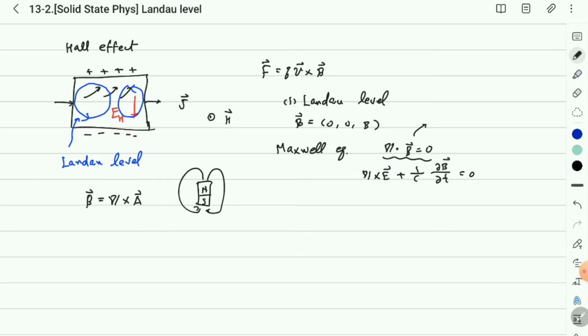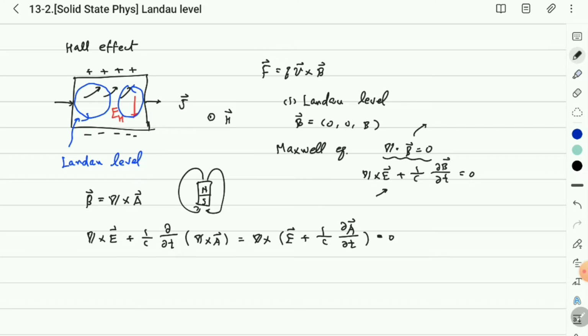Then if we insert it into this Maxwell equation, curl E plus 1 over c partial t of curl A, then we can write curl of E plus 1 over c partial A partial t equals 0.